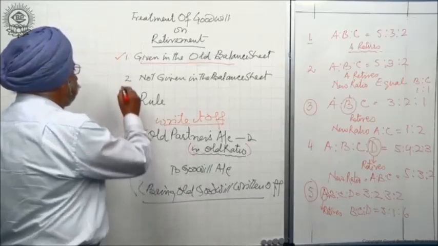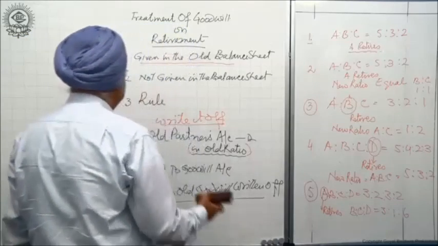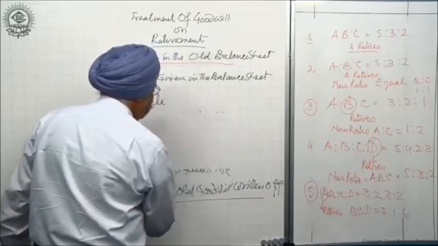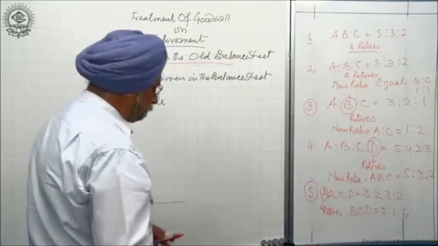After this, if goodwill is not given in the balance sheet, then what is to be done? That is the next thing. Find out what is the total goodwill of the firm.